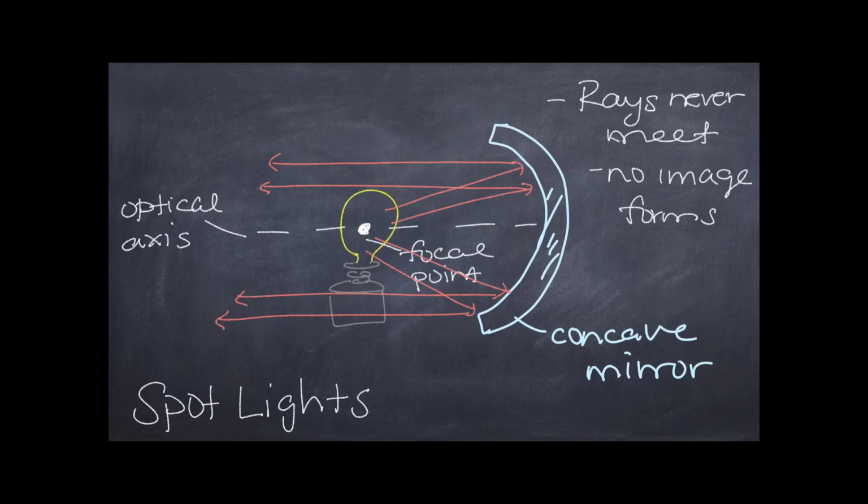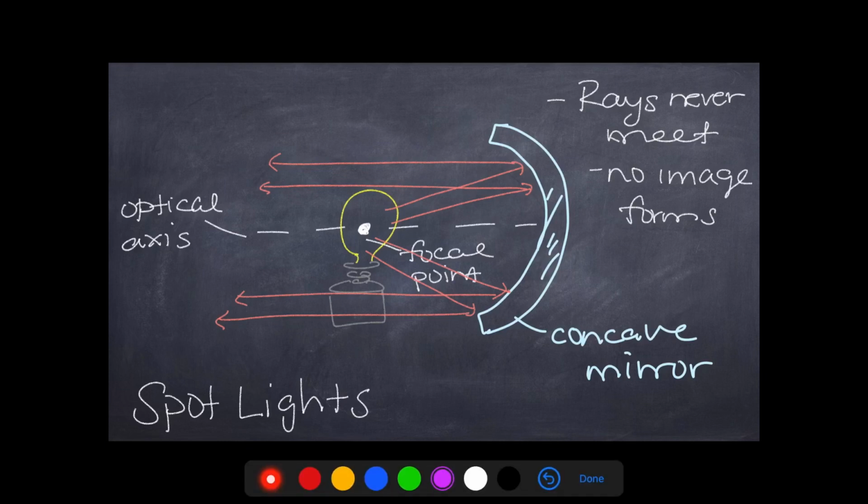So in this image, I have my light bulb right in the middle, and you can see that my focal point is right here. As the light rays are coming from this light bulb, they hit the mirror and travel back parallel to the optical axis, right?